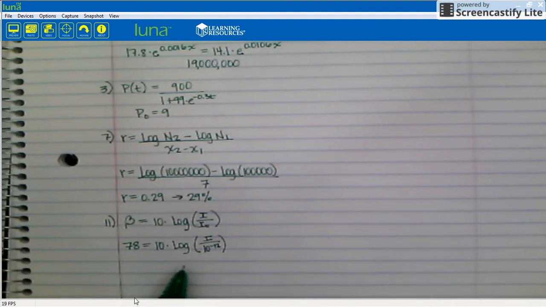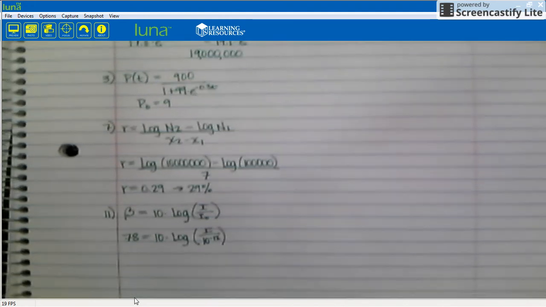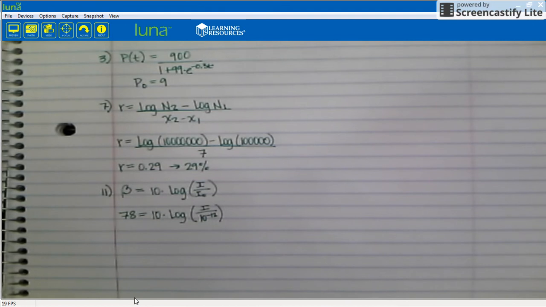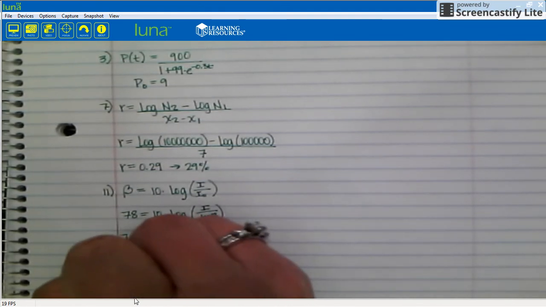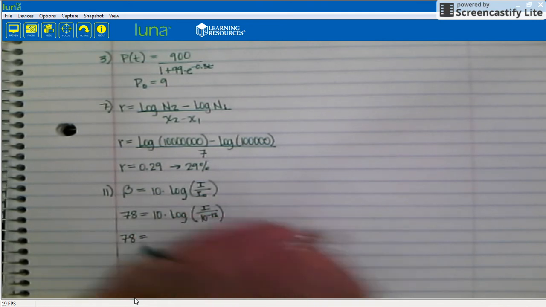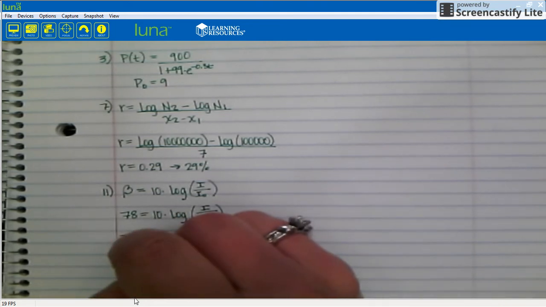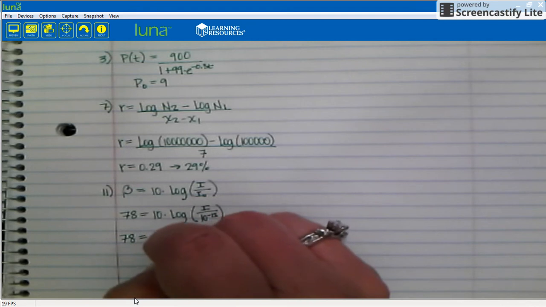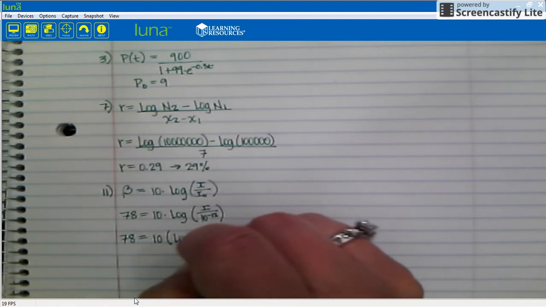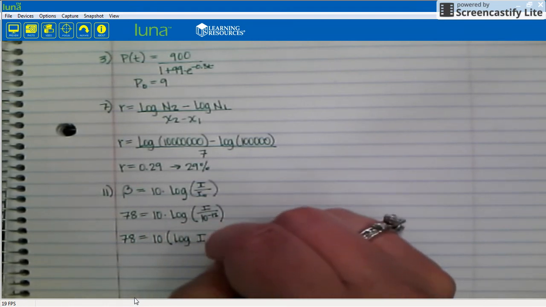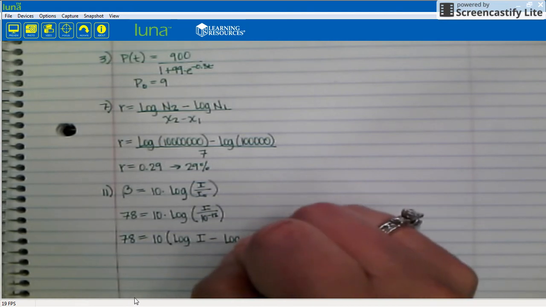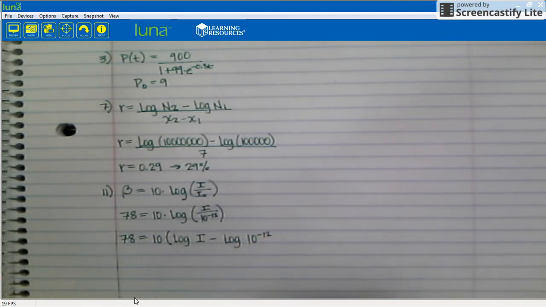In order to solve this, we have to use those properties of logarithms that we talked about 2 days ago and yesterday with the equations. So I have 78 is equal to 10 times the log of I minus the log of 10 to the negative 12th.